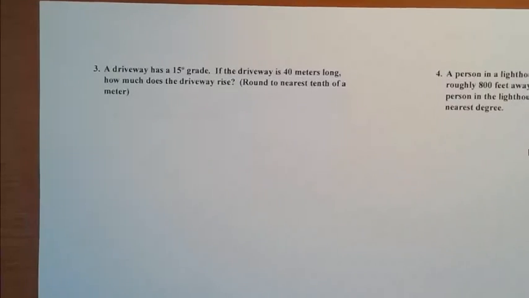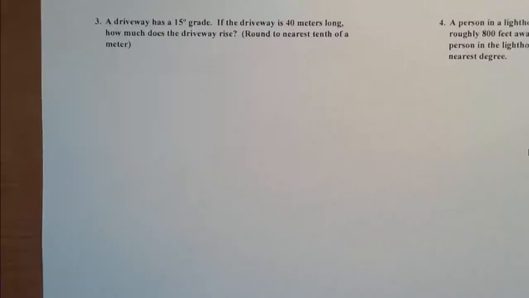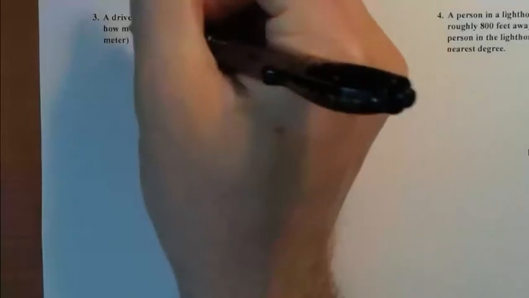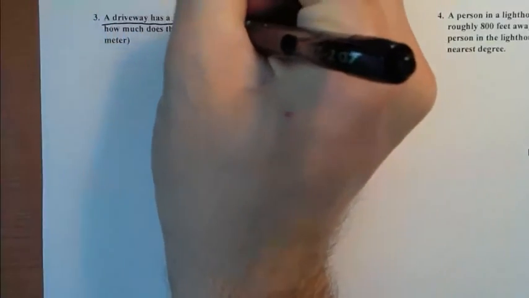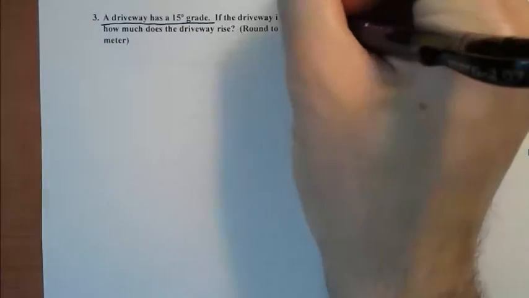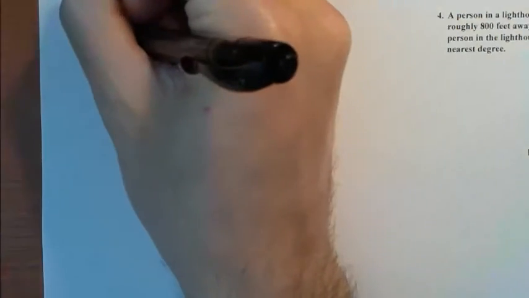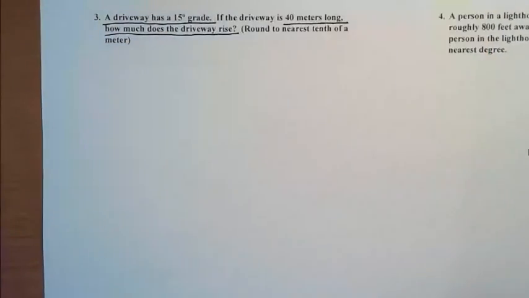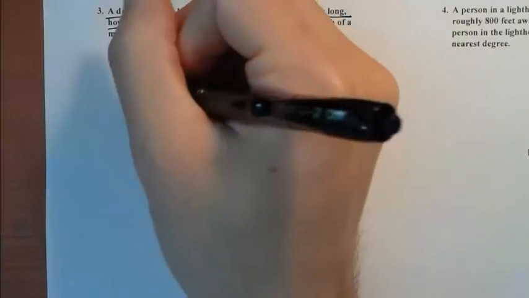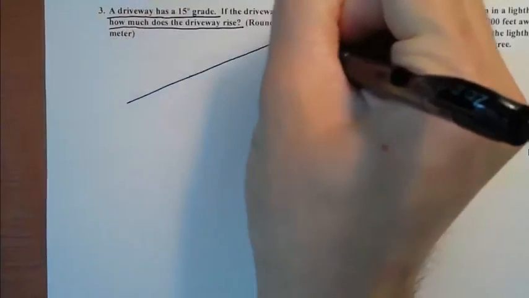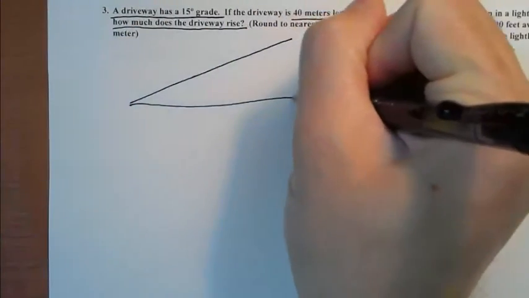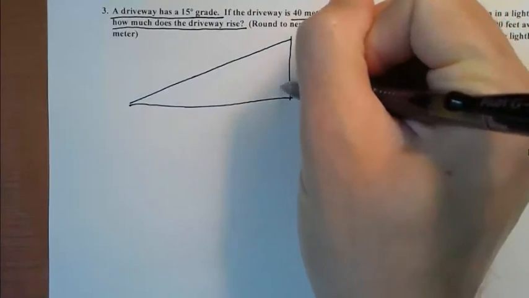Okay, so we have a driveway in this problem. So the driveway itself has a 15-degree grade. It's 40 meters long. We want to know the elevation or how much the driveway rises. So the picture would be a driveway kind of rising up to a house.